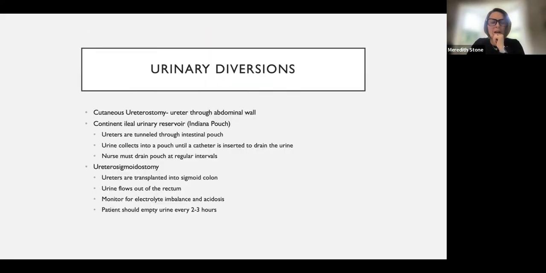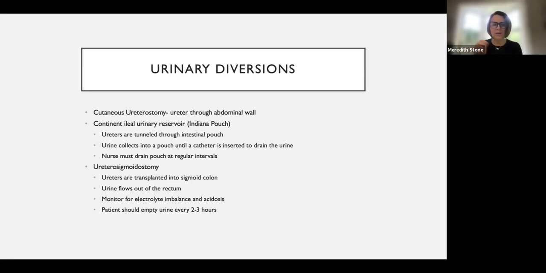With the continent urinary reservoir, what happens is they actually create almost like a pouch on the inside, and they still have to catheterize it, right? They've created it using their intestinal wall to create a little pouch where they hold their urine. So essentially, the intestines are creating a new bladder if they've had to remove the bladder.